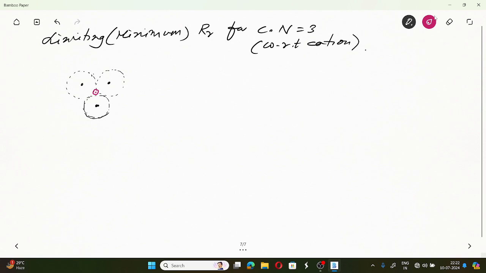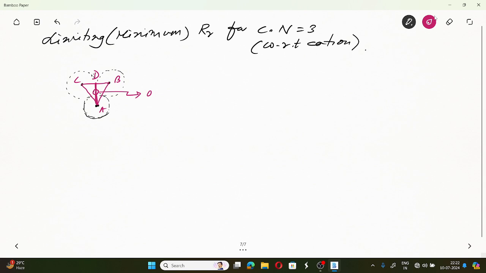Suppose this is A, B, C. If we join these centers, it will become an equilateral triangle. Let this position be O, and if we join AO and extend it, it will meet BC at D.